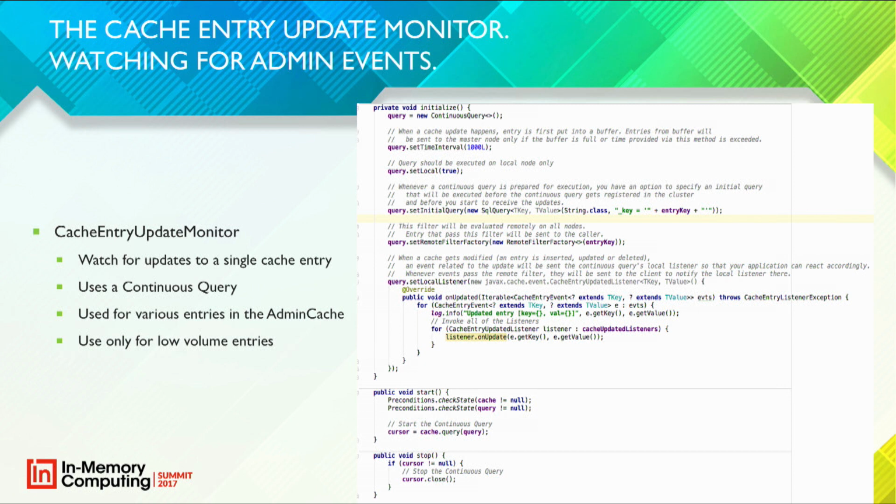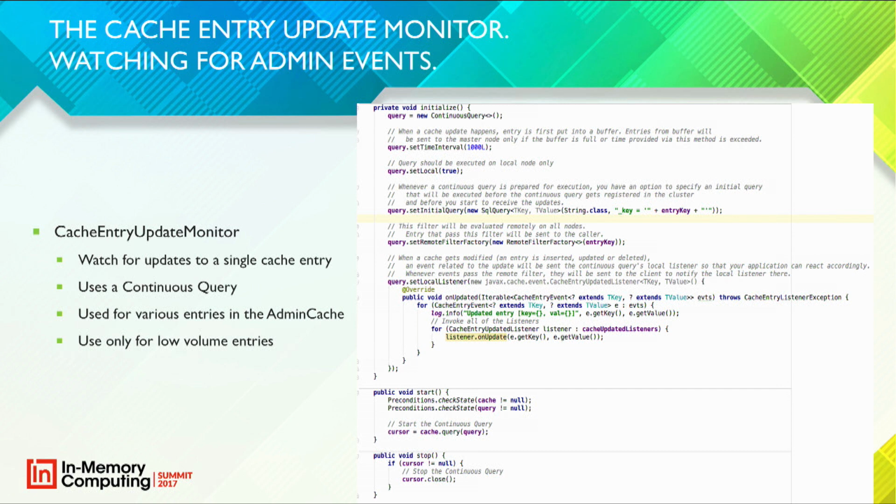But Ignite has an interesting thing in it called a continuous query. And so we start one of those to watch a particular row in a particular cache. And that's basically the code for it there. But the only thing about these that you have to be sort of careful about is that they're not free, so you need to turn them on and turn them off.